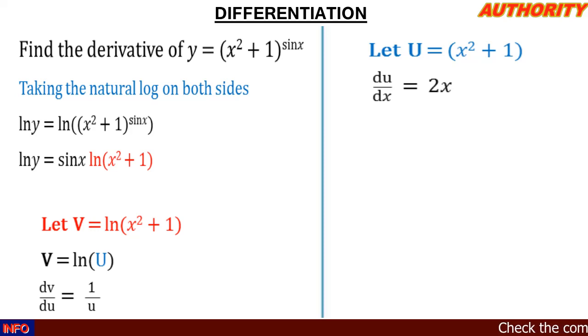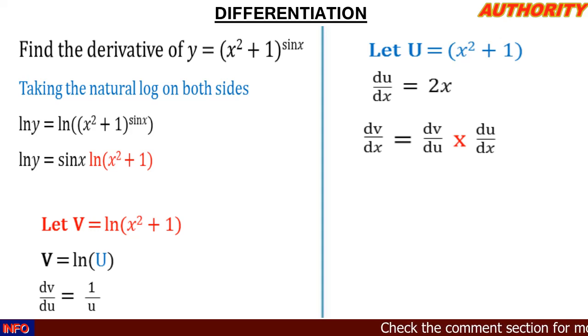The two derivatives we have here now are dv du and du dx, but what we are looking for is dv dx. Going with the chain rule, the dv dx that we are looking for is the product of the two derivatives we have already. So dv dx is equal to dv du multiplied by du dx. Our dv du is 1 all over u, and our du dx is 2x.